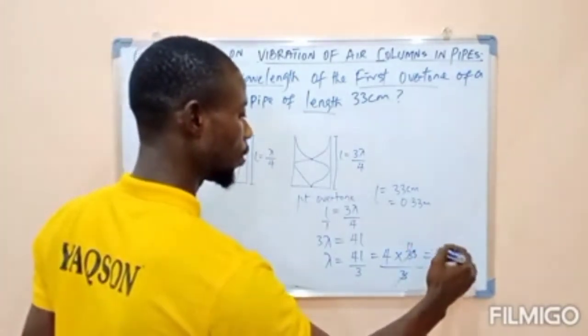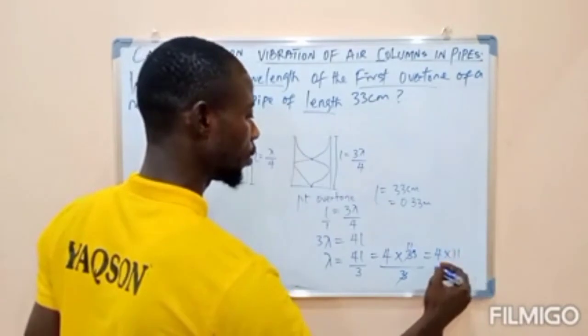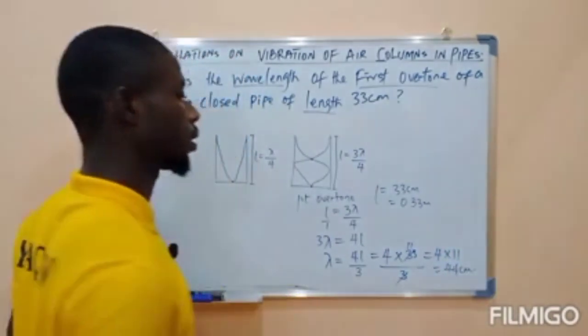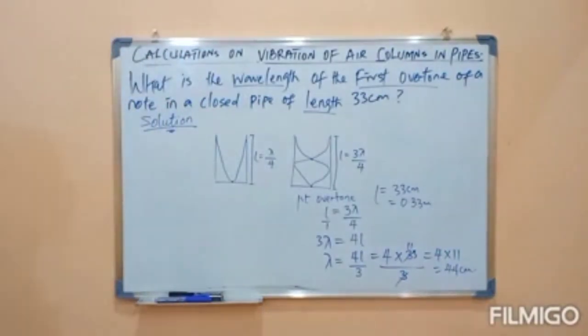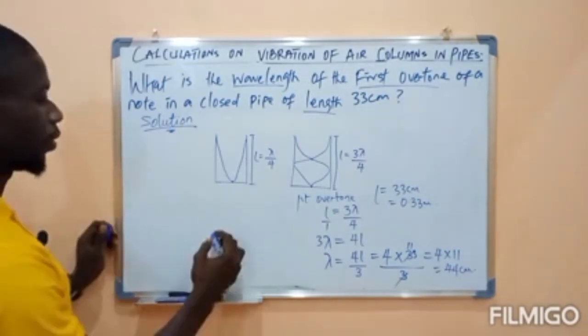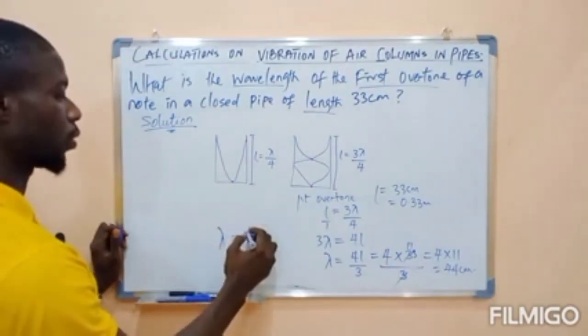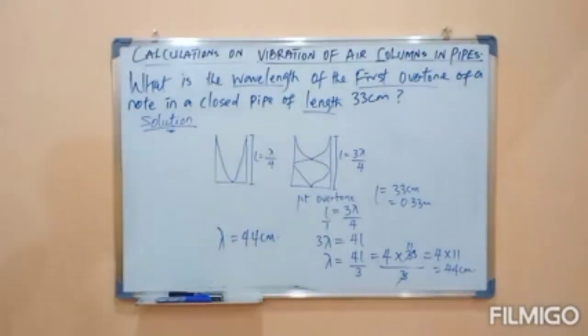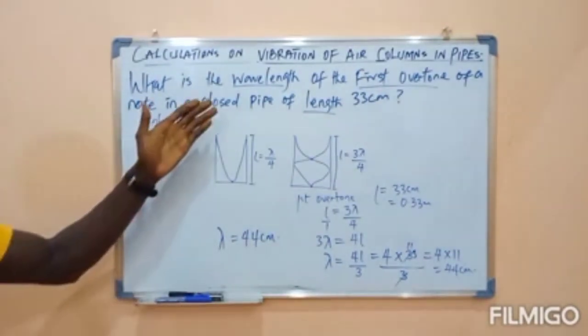So I have 4 multiplied by 11, which is 44 centimeter. So this is all about this type of question. The wavelength is equal to 44 centimeter. Look at it critically and see how I relate it.